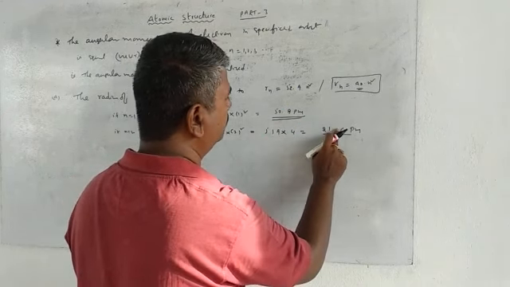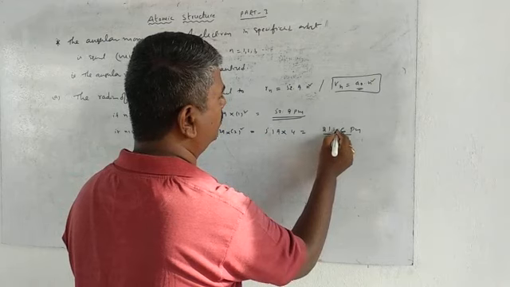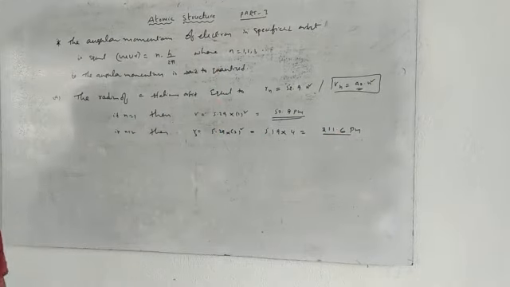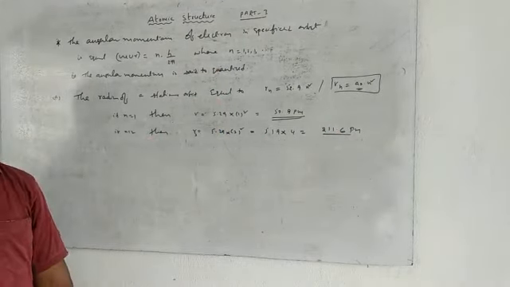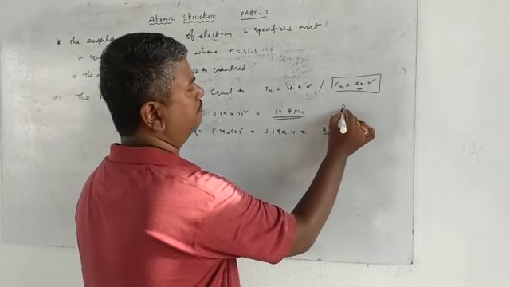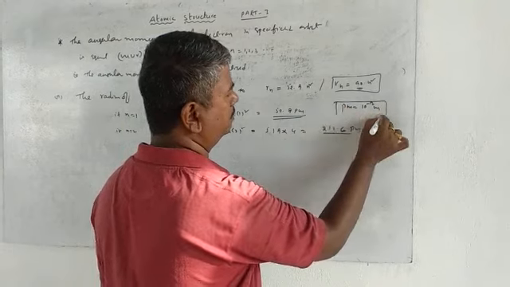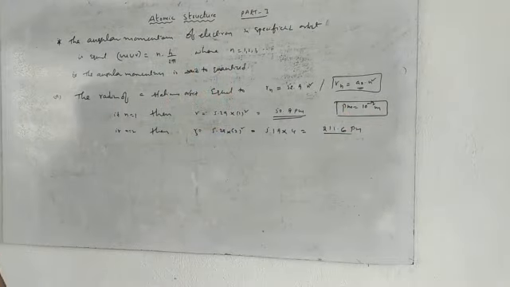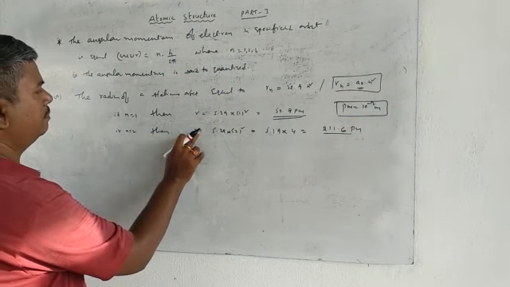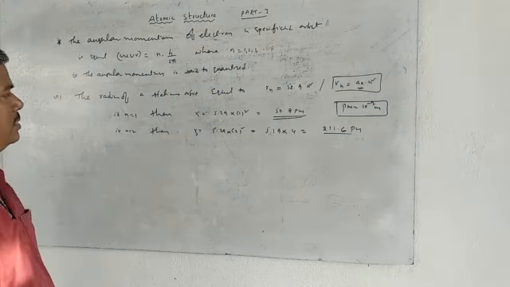Change the values like this. PM means picometers. 1 picometer is nothing but 10 power minus 12 meters. That gives the radius. This is R1. This is R2.